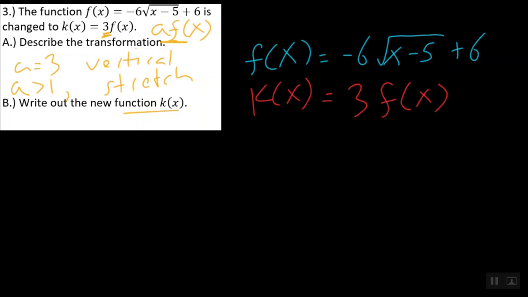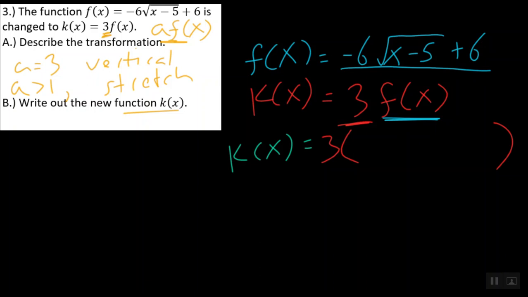And from here, this is what k of x is going to look like once we apply our rule. From the rule itself, we have this a value of 3, which is being multiplied by this entire function f of x. So I just take f of x and write it in place: −6√(x − 5) + 6.